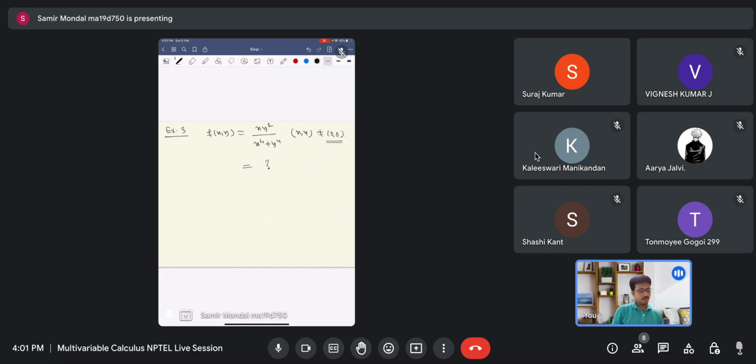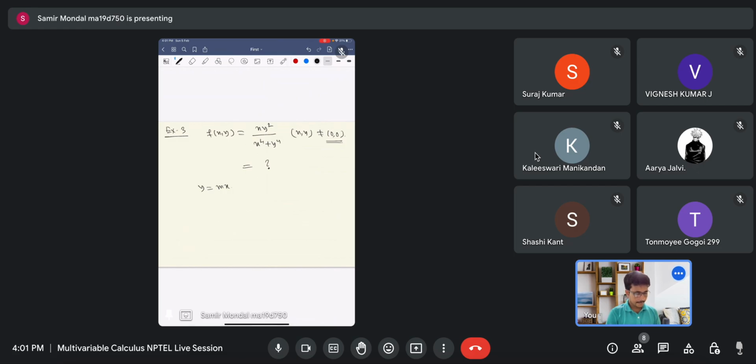Okay, so you have basic paths: either the x axis, the y axis, and the third one is y equal to mx. So put y equal to mx. Then what will we get?